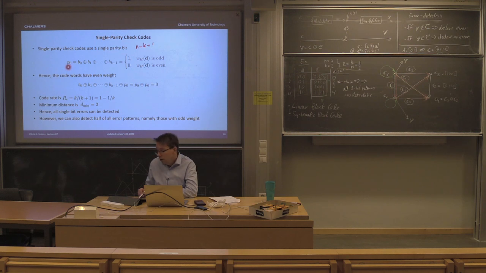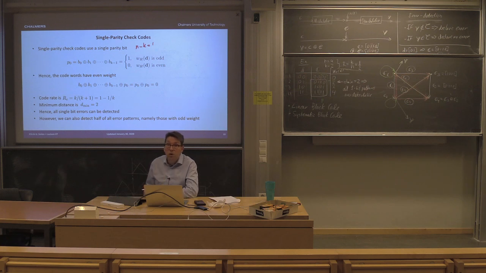This means that the parity will be 1 if the number of ones in D is odd, and 0 if the number of ones in D is even. And that means that the code words, which consist of all these bits and the parity bit, will always have even weight. If we add all the bits together in the code word, we get P plus P, and that's 0. So an even number of ones in a code word.